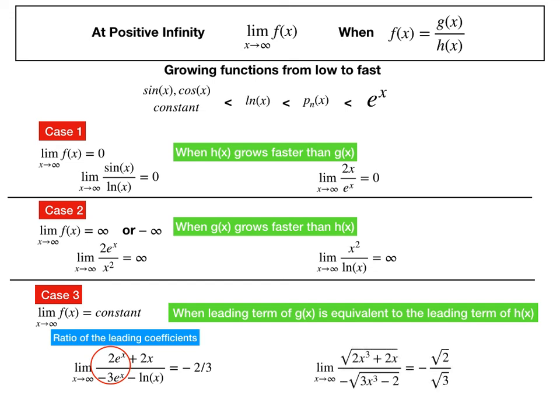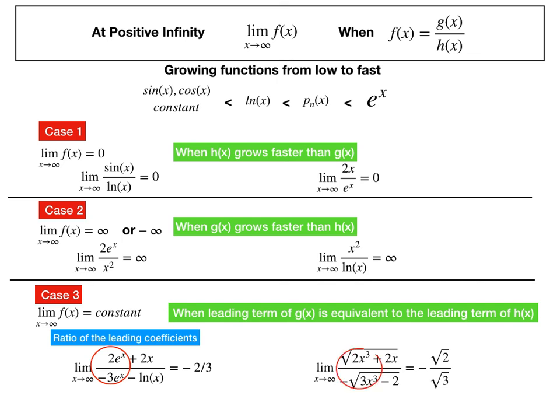Now, if you look at the second example, you have a radical function on the top and a radical function at the bottom. But if you look at these two radical functions, they both have the same leading power, which is 3 over 2 x cubed inside the square root, right?